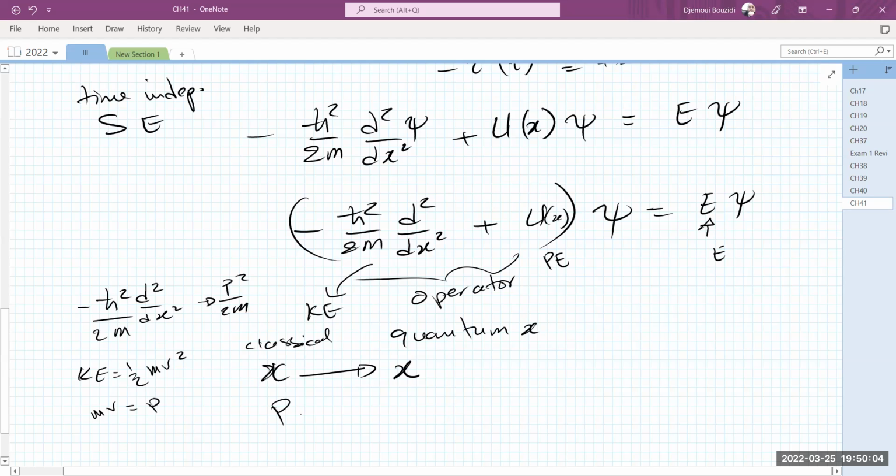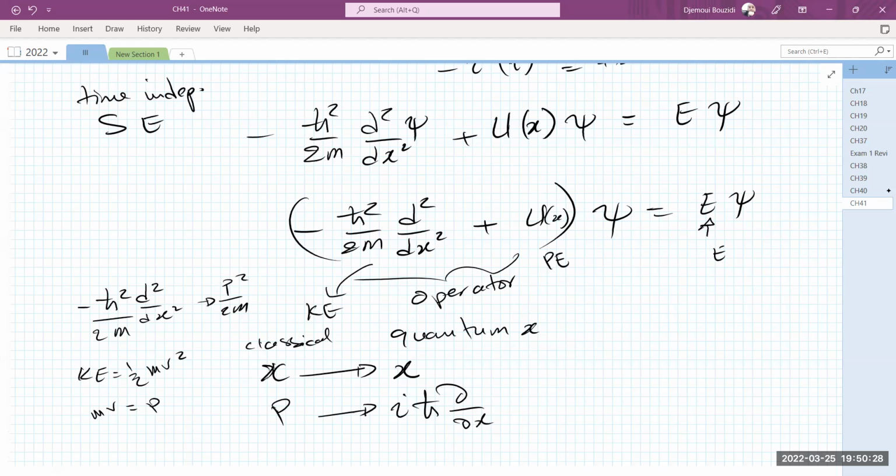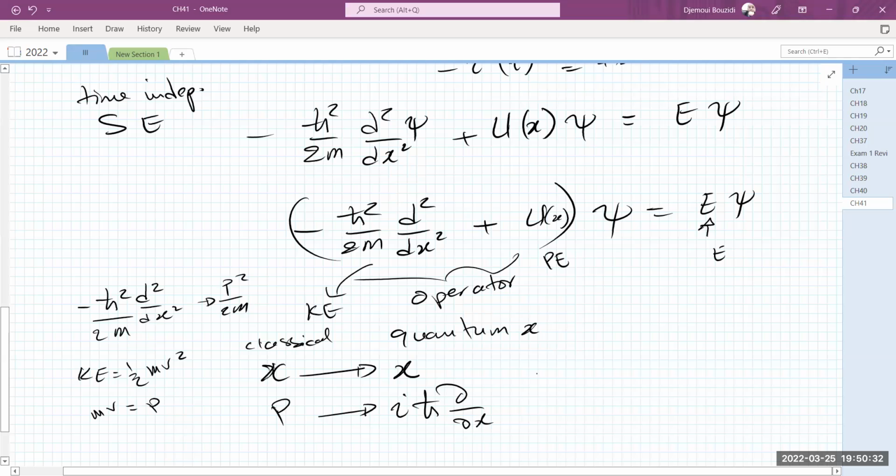So whenever I find the classical momentum p in this situation, I have to replace it by, because the 2m is the same, so I'm not too worried about that, the negative, which should operate as an i when I take its square root, because this has a p squared in it. So I have to take its square root times h bar times the partial derivative with respect to x, because I'm doing the time independent Schrodinger equation here, but in general it doesn't have to be that.